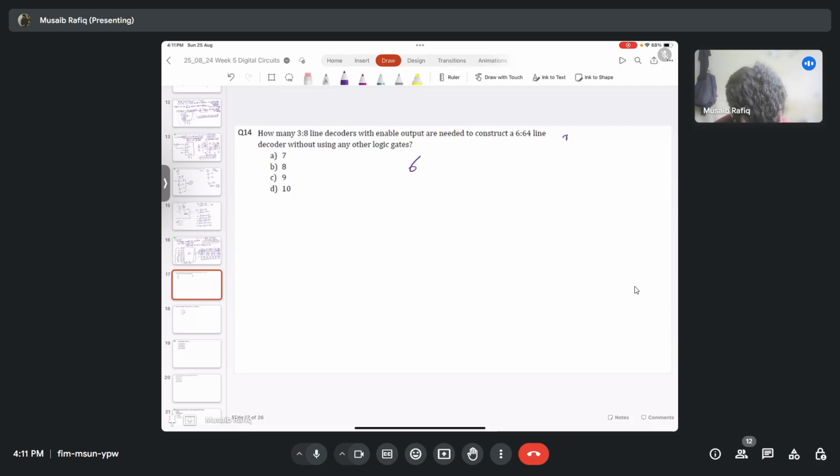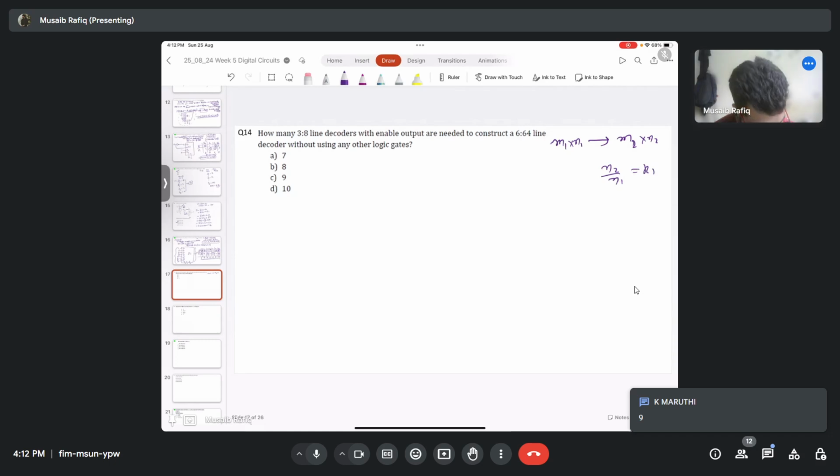I told you this n1, so m1 cross n1, and we have to implement m1 cross n2. So we take n2 by n1 to get k1, then k1 by n1 to get k2, and so on up to kn, which will be 1, and the summation of the ki's will give me the number of decoders.